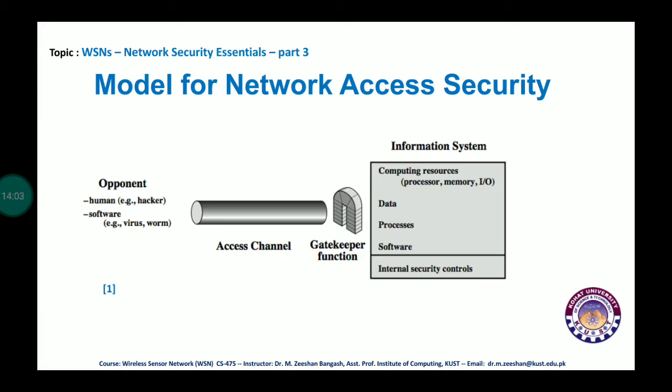Here appropriate controls are needed on access within the system in order to provide suitable security. So the security mechanisms that need to cope with unwanted access fall into two categories, and the first category is termed the gatekeeper function.